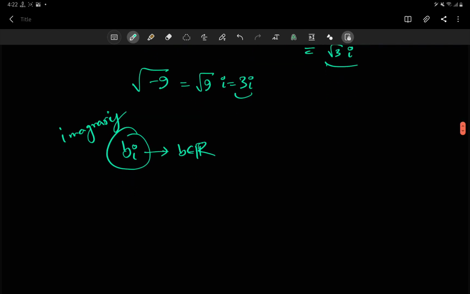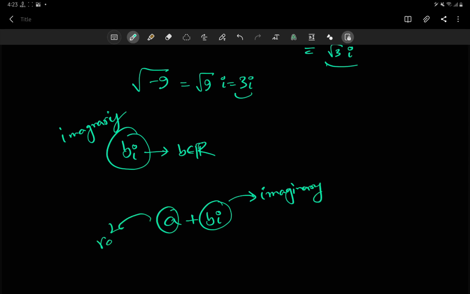And what we call a complex number is basically a mix of both real numbers and imaginary numbers. So in general, a complex number looks something like this. It has an imaginary part and a real part.